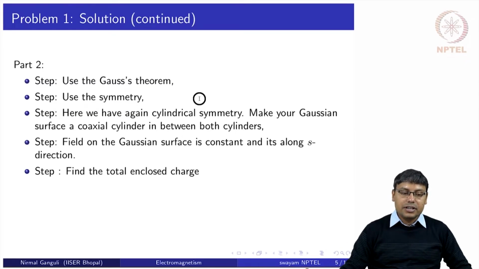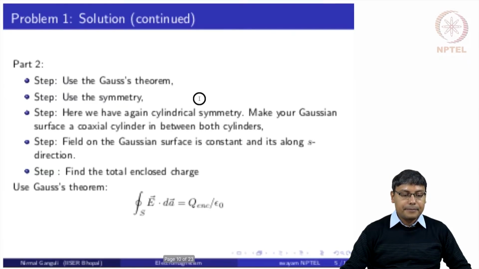It will lie somewhere in between the cylinders, that means it will be inside the coaxial cable. And the field on the Gaussian surface is constant, and it will again be along the s direction for sure.